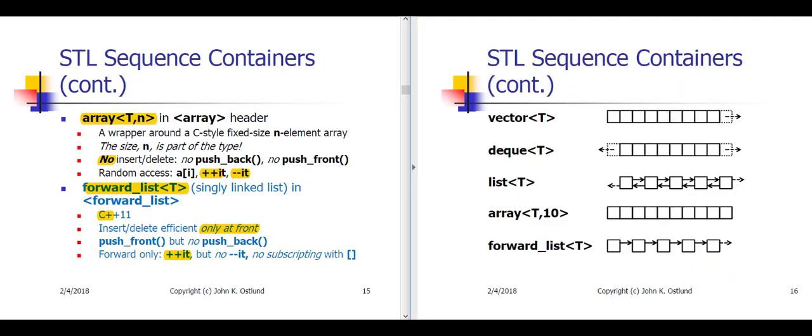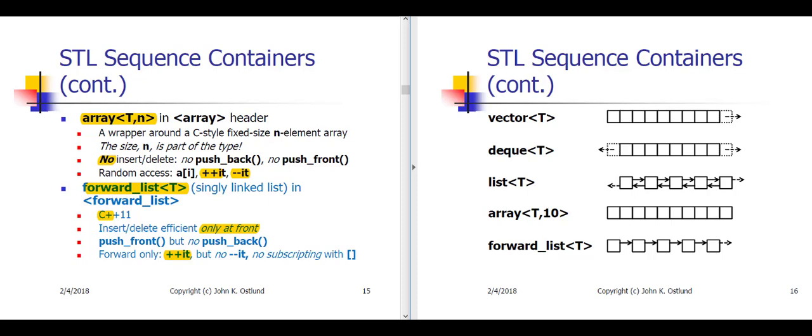In terms of how these things might look in memory, here are some diagrams. A vector stores values in ascending contiguous memory locations, and it's inexpensive to insert and delete things at the end of a vector. A double-ended queue is not guaranteed to store elements in ascending contiguous memory locations, but it does give you subscripting, and it does give you the ability to efficiently put things at the beginning and the end of the deque.